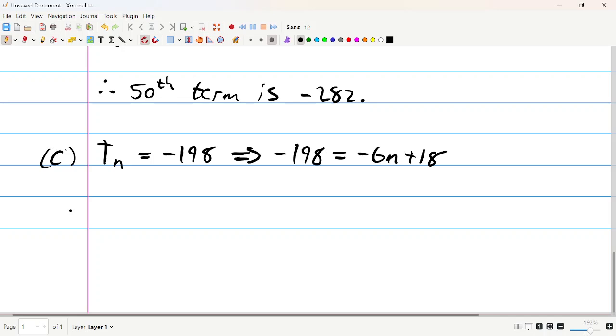So we are going to take the 18 over, and then we're going to have negative 198 minus 18, which should be negative 216. And then from here, this is equal to negative 6n. And then all we need to do is divide both sides by negative 6.